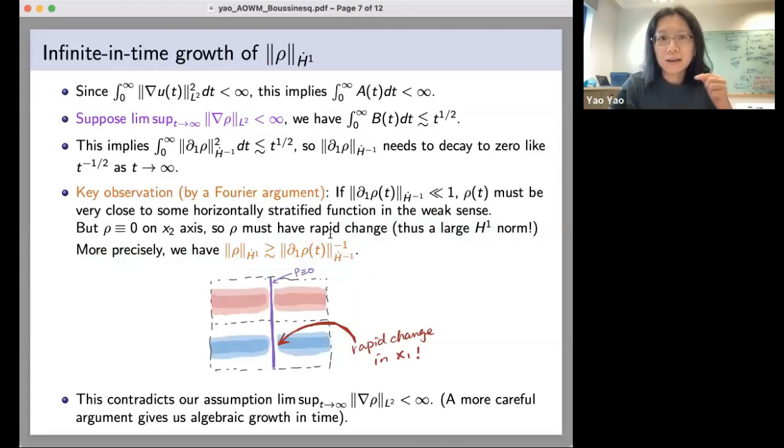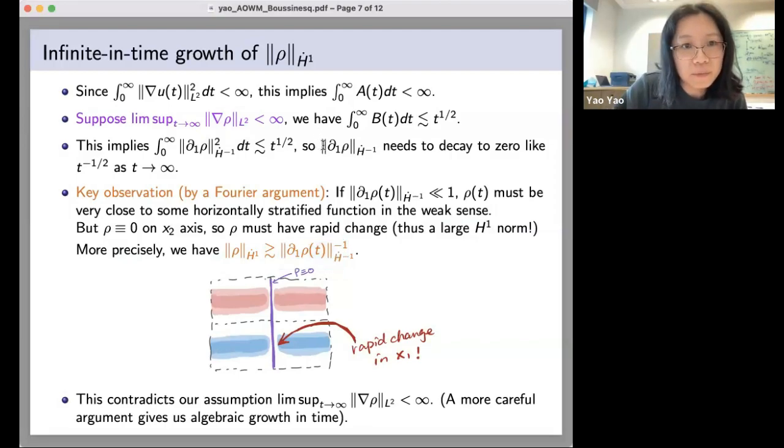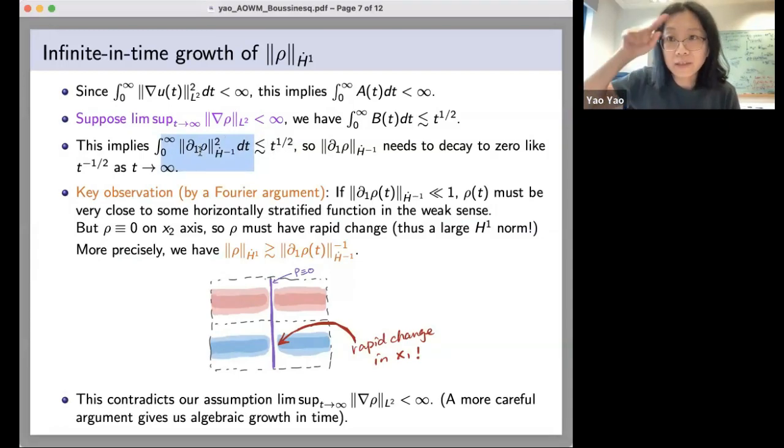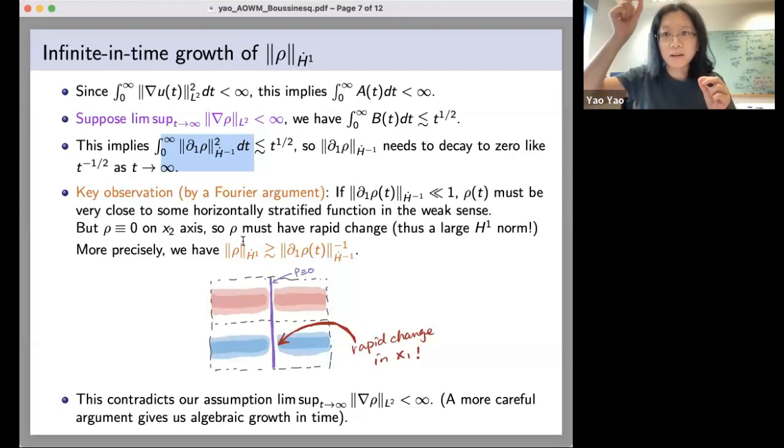If we are assuming that there is no growth at all in the H1 norm, then because of this H dot -1 norm, in this integral here, if this whole integral grows like t to the 1/2, then the integrand needs to have certain decay like t to the -1/2, and that gives that the H1 norm actually will have a certain power of growth. So that is where the contradiction comes out.